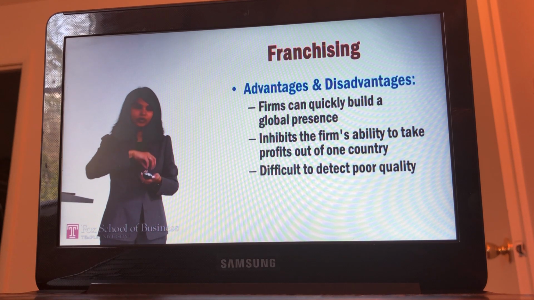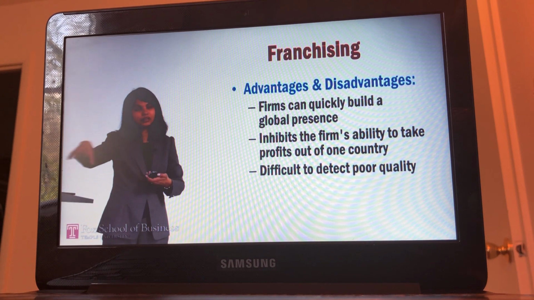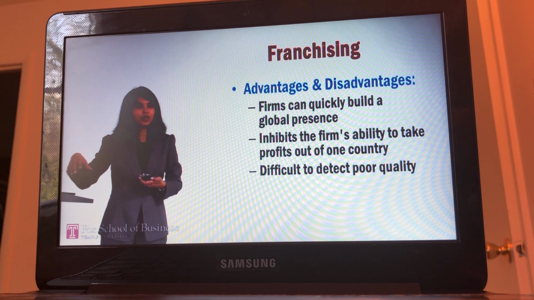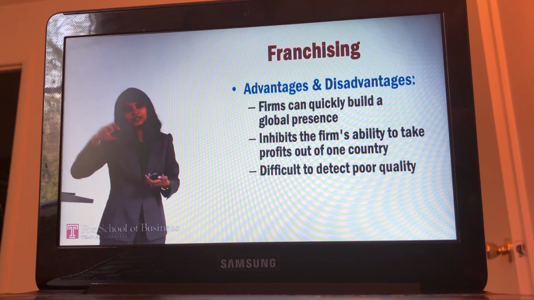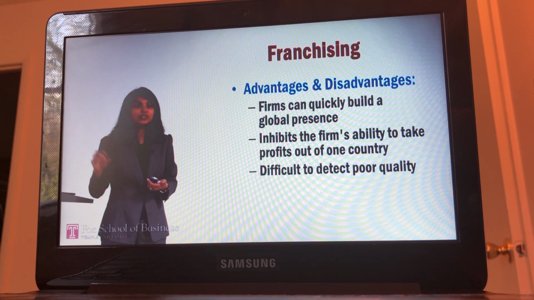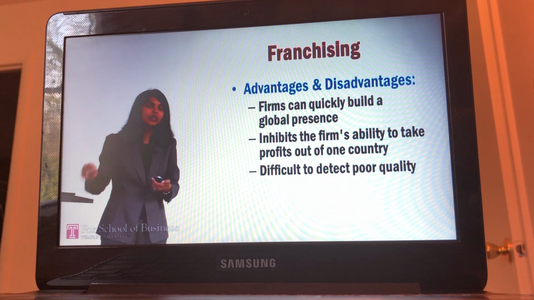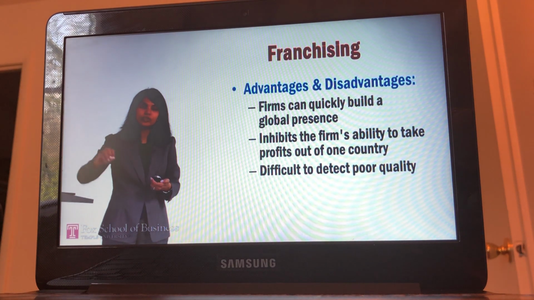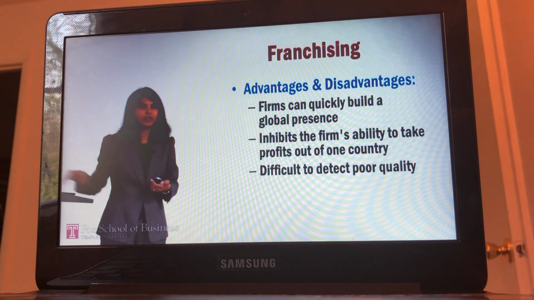So instead of headquarters dealing with all the franchises all across the world, it's these master franchises or master subsidiaries in each of the major markets which are responsible for looking after the quality of all the franchises in their respective markets.